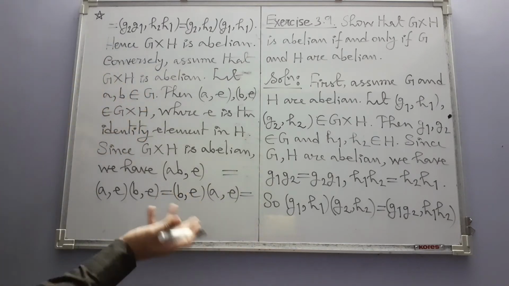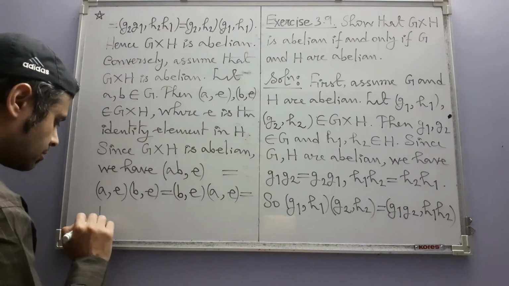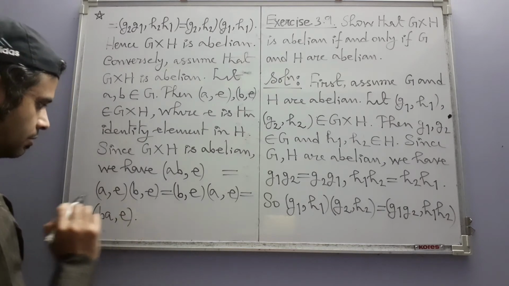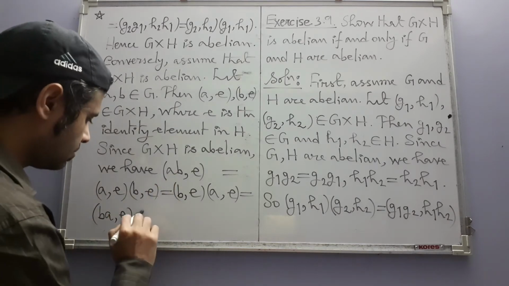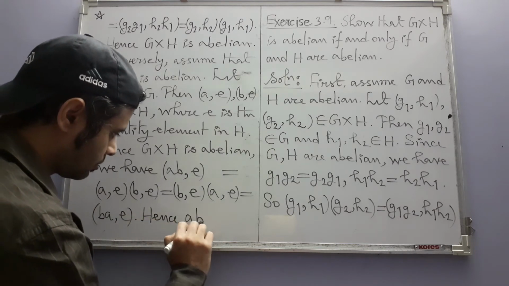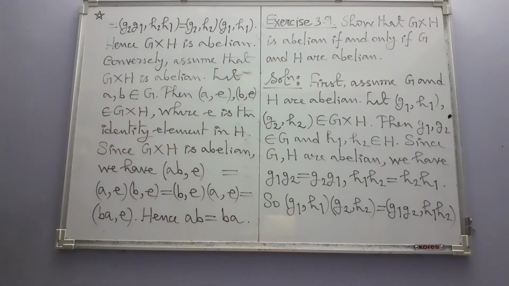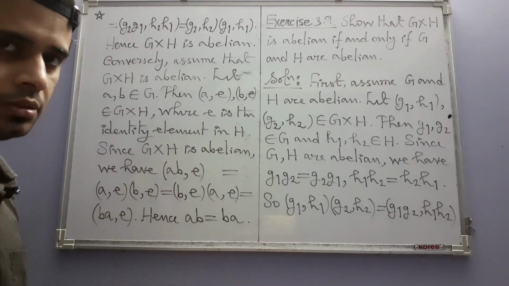And that now, again, by the definition of the binary operation of this Cartesian product is equal to (BA, E). So these two ordered pairs are equal, hence the corresponding coordinates or entries should be equal.